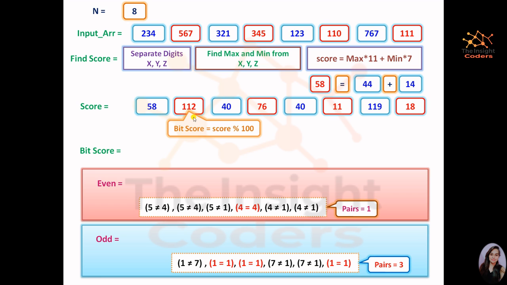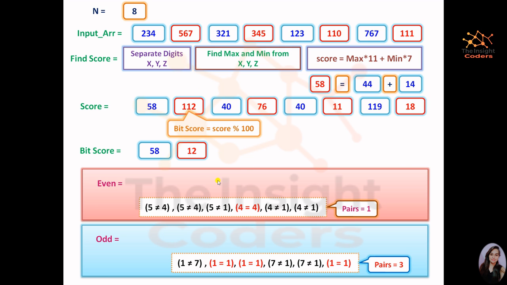But 112 has 3 digits and we need only the last, that is rightmost, 2 digits. So how would we do that? I take a remainder, that is, I divide the score by 100, and whatever the remainder is will always equal the 2 rightmost digits. So similarly, 58.